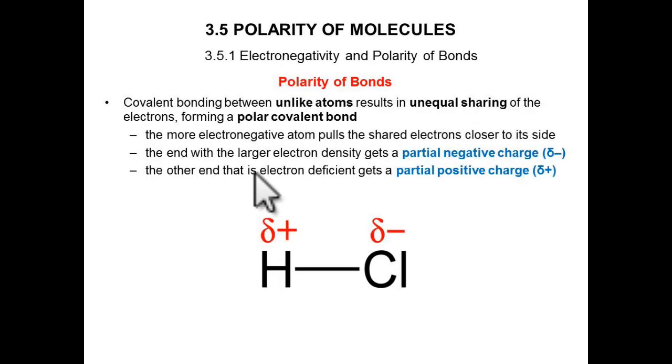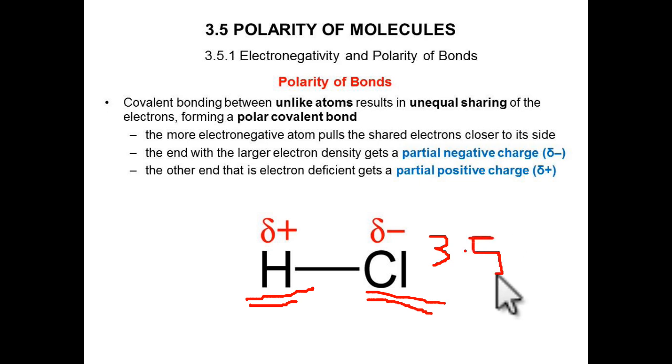Go back to here. Okay, we know hydrogen has an electronegativity value and chlorine has an electronegativity value. So what happened? You calculate the difference between the electronegativity values. For information, chlorine has an electronegativity of around 3.5, and hydrogen has an electronegativity value of around 2.1.